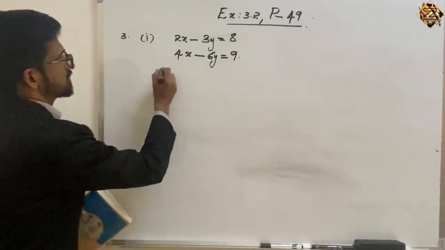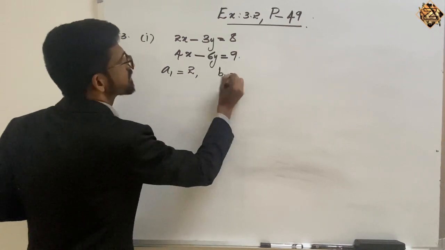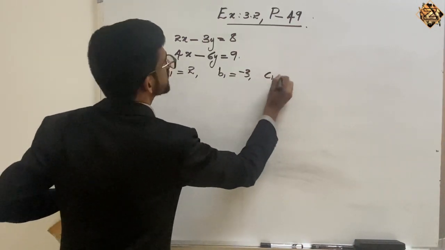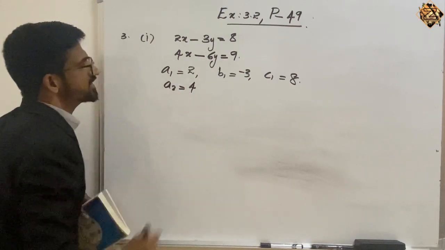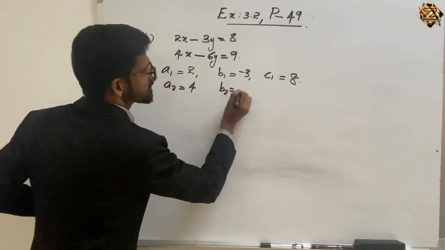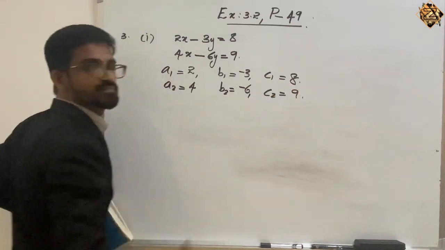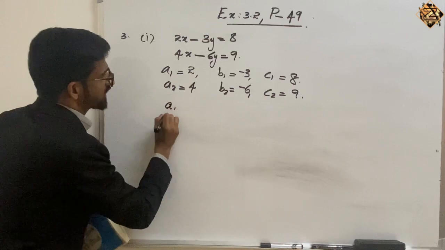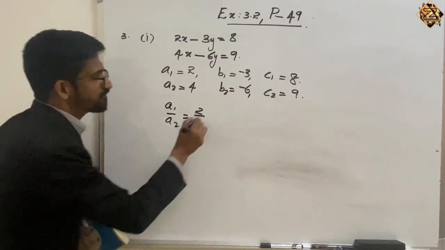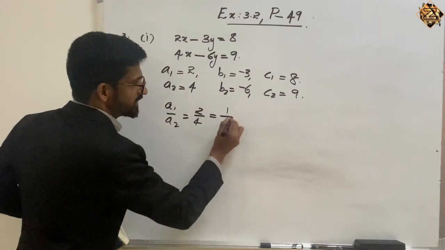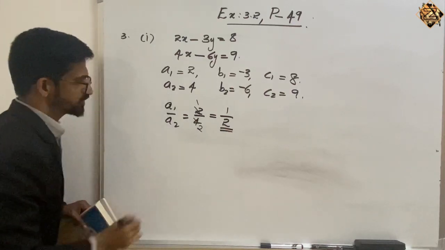Here also comparing the ratios, a1 is 2, b1 is minus 3 and c1 is 8. a2 from the second equation is 4, b2 is minus 6 and c2 is 9. Taking the ratios, a1 by a2 is 2 by 4, which we can write as 1 by 2.